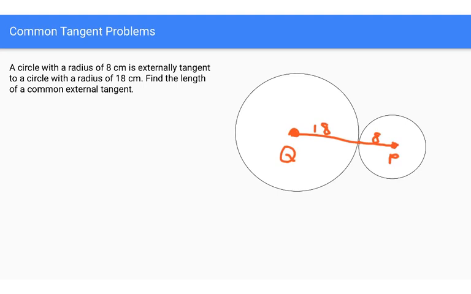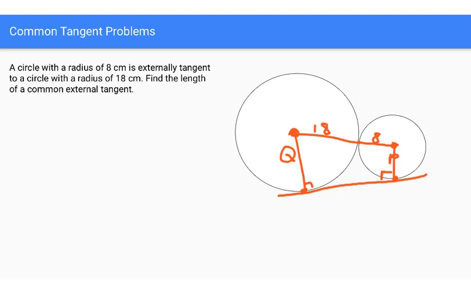And then I want to find the common external tangent. In this case, that's going to be here. And when it touches at one point, it's going to form a right angle in both of those.